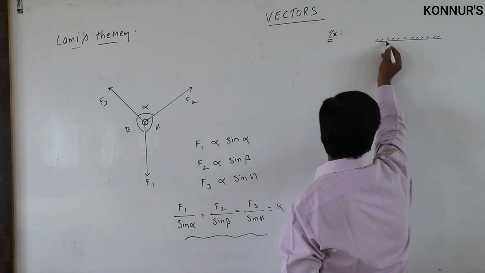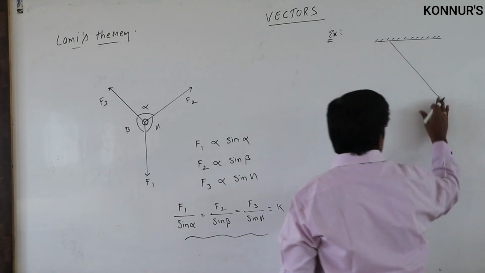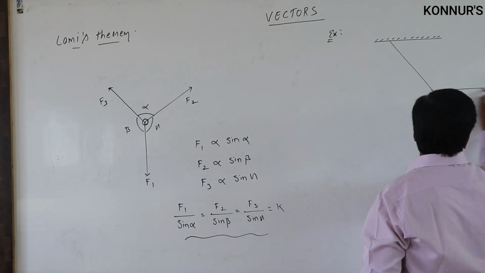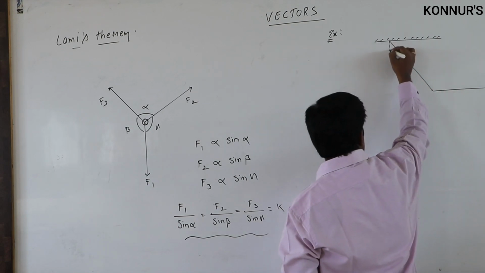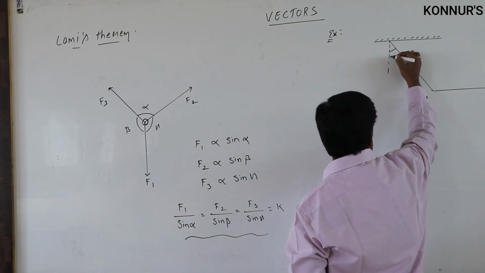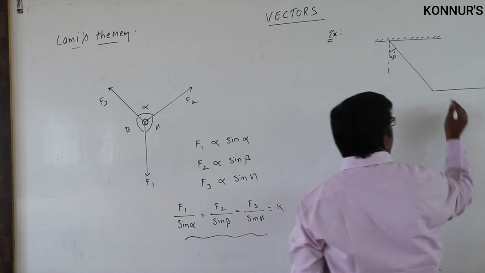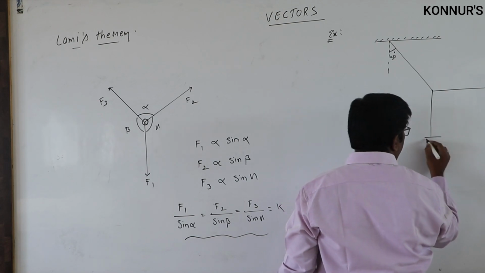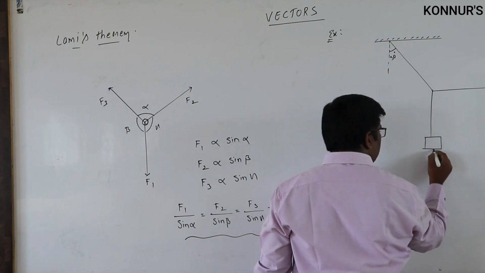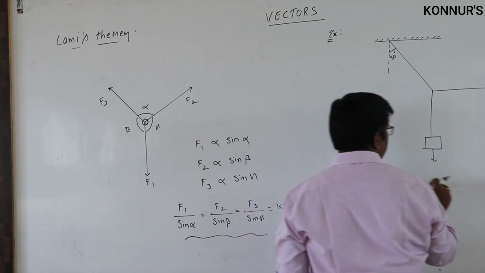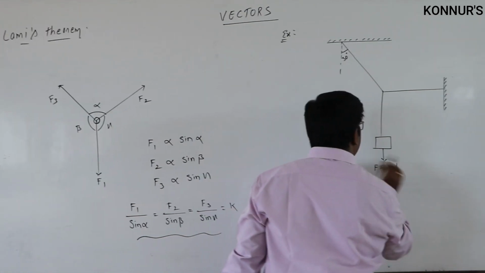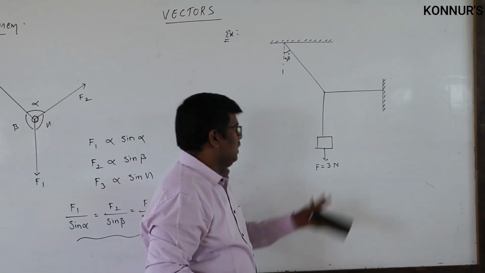One body is there like this, connected with one string, and this is connected with another string, and the angle it makes here is, let us suppose, 30 degrees. Then one more string, the third string, and here we apply some load. That load is known to us. Let us take this load as F equals some 3 newtons.